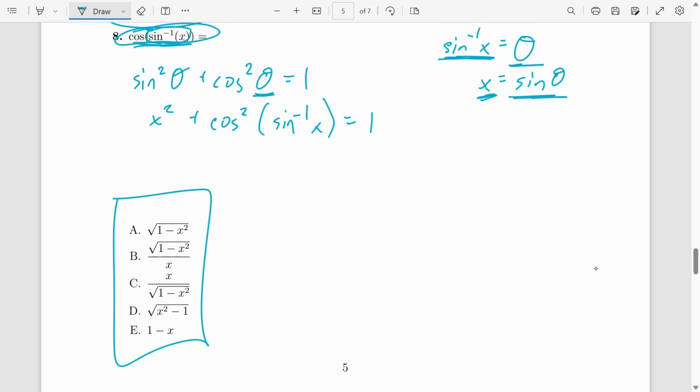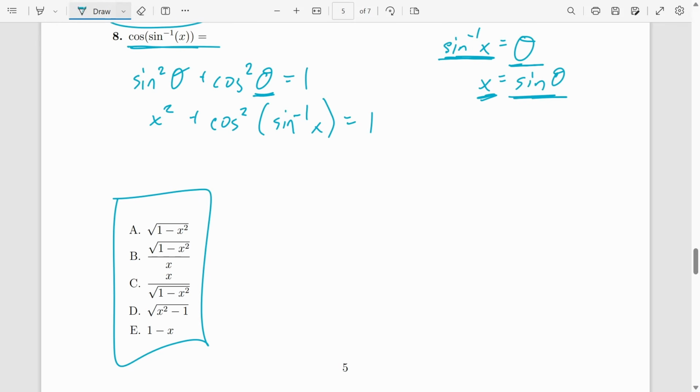And hey, we can see now this term here is looking pretty similar to the original problem, cosine of inverse sine of x. We just have this squared here, and of course this other term on the left there. So we're going to do a little rearranging and get this looking back to that. Whatever's on the left side or the right side here is going to be our answer.